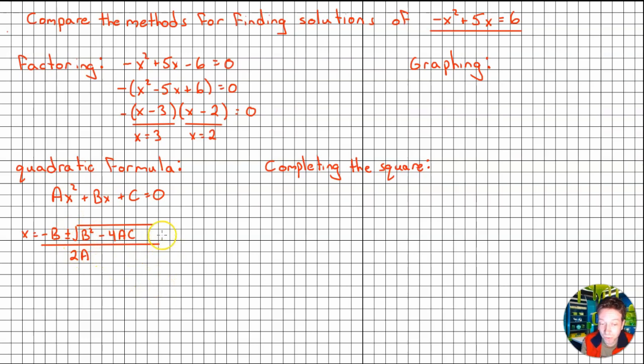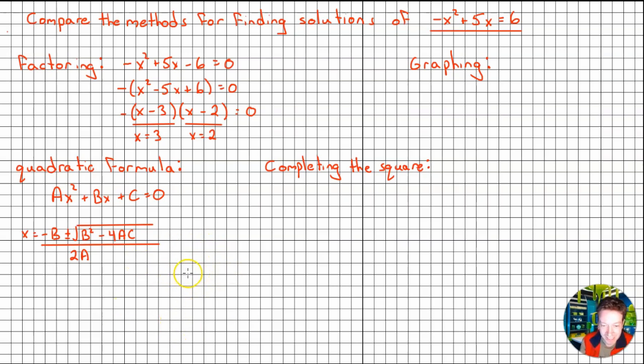Now that square root itself is also very important. It's called the discriminant. And we can determine if there's even going to be any solutions at all just by looking at the discriminant. So let's just look at that separately for a minute.